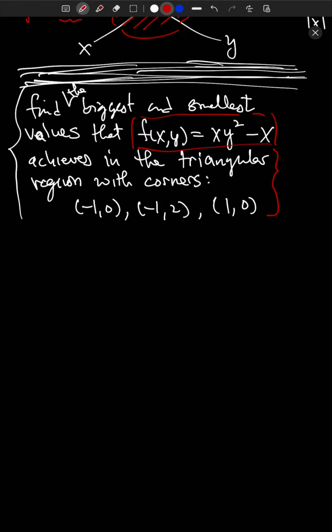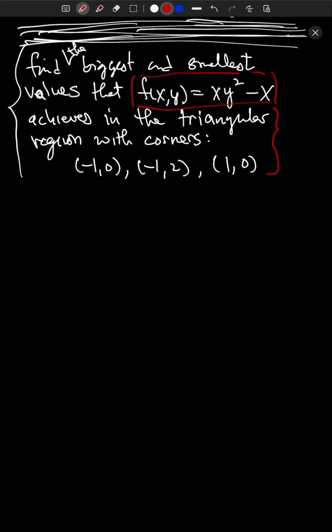Okay. So let me draw a picture, at least of the region. It's pretty useful to be drawing pictures here, just to be able to see what's going on. So we have a triangular region. Here's x and y. And again, these regions always live in a domain.